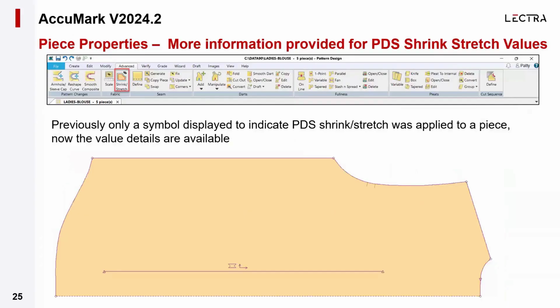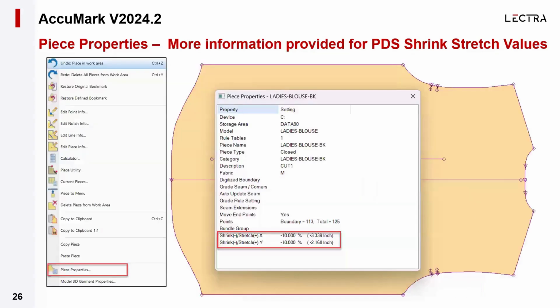And then a little bit more about more piece information that you can see. Previously in pattern design, when you opened up a piece and then you applied things like PDS shrink and stretch, and then took a look at it, you would see this little symbol that told you that you had shrink or stretch applied. And if you're like me, maybe you forgot how much that value was. We had a request from customers saying it would be really nice to be able to tell what that shrink or stretch value was.